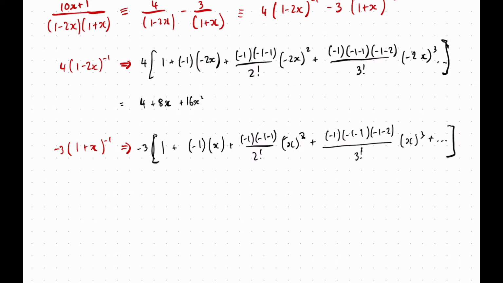In reality, with minus 1 times minus 2 times minus 3 over 3 factorial, you can think of it as negative 3 factorial over 3 factorial, which is just negative 1. Does that make sense? Factorial means ascending numbers: 2 factorial is just 1 times 2.